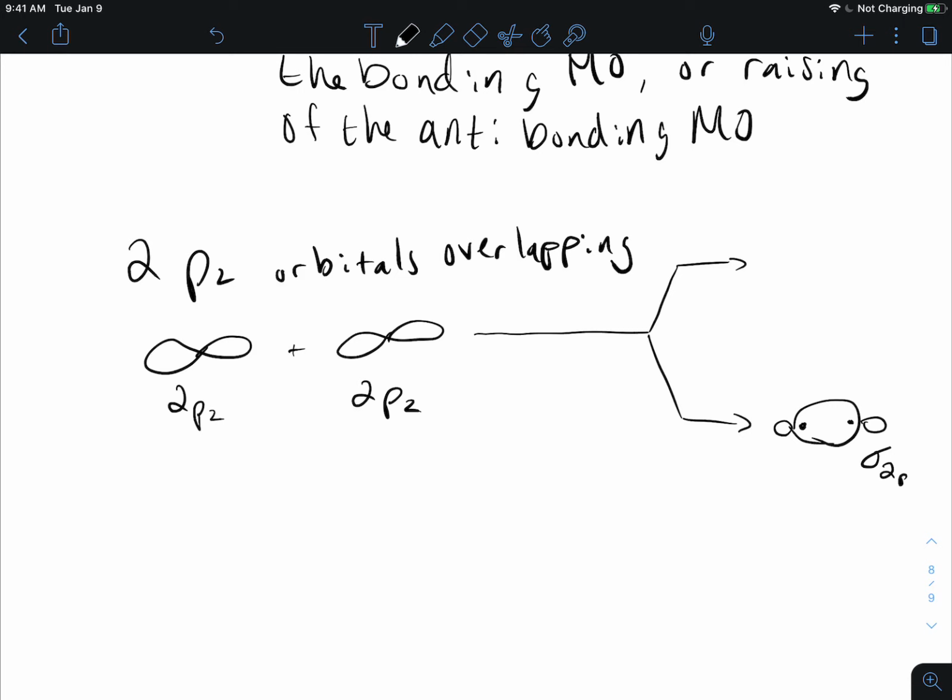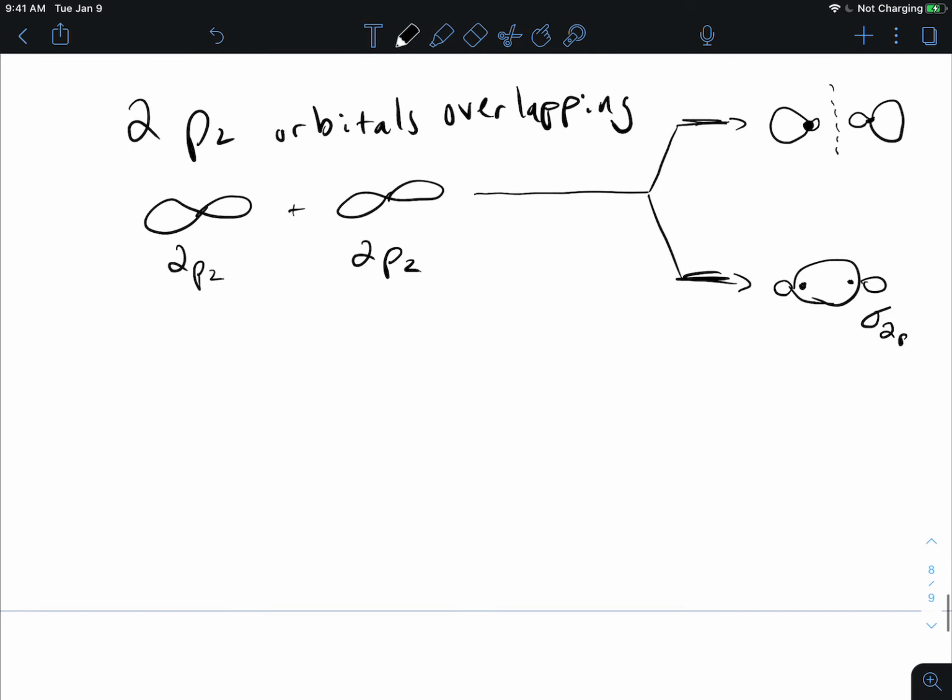And then we'll have our antibonding with our node in between. That looks like this. This energy difference between the two is going to be fairly significant.